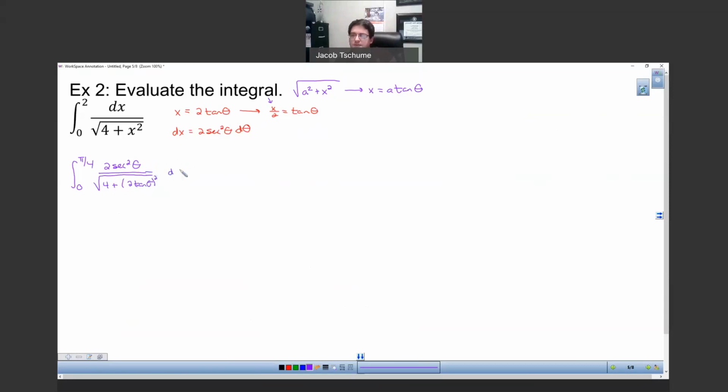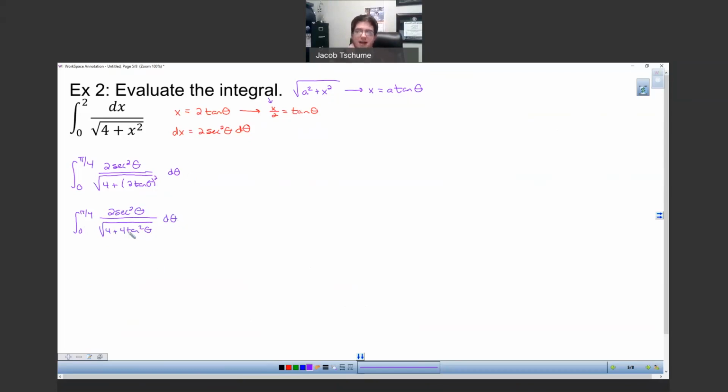And then I'll put that d theta from the top out here by itself. I need to clean up what I can. So this is the integral from 0 to pi over 4 of 2 secant squared theta over the square root of 4 plus 4 tangent squared theta d theta.